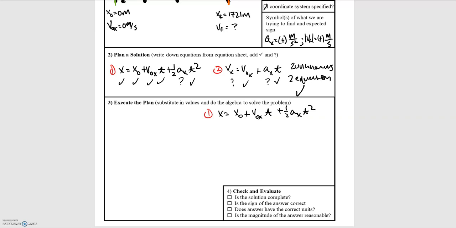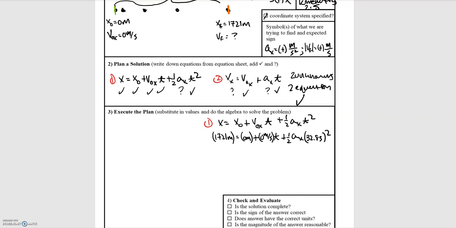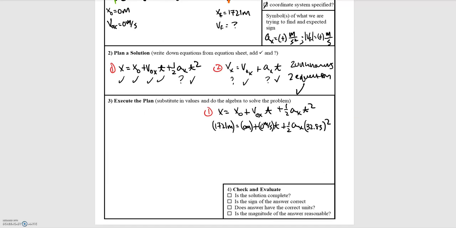We can plug everything in that we know, which is 1,721 meters for the final position, 0 meters for the initial position, 0 meters per second for the initial velocity, multiplied by time, because that's just going to be 0, plus 1/2 times the acceleration, which is what we're looking for, and then time, which we know is 32.8 seconds, and that's squared. First term 0, second term's going to be 0.